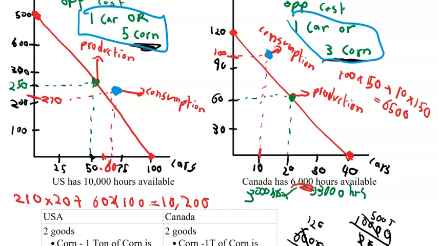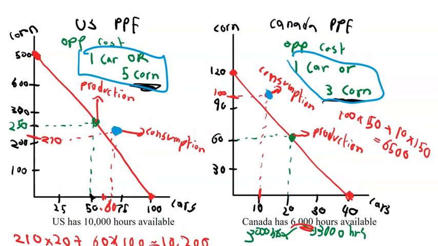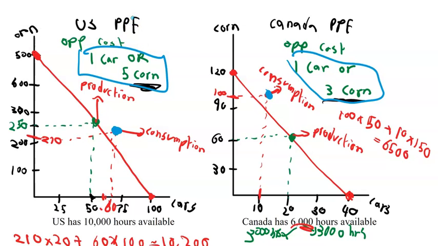So this is telling us that if we produce at a lower opportunity cost and then trade based on that, we are actually able to consume at a point that is outside of our production possibilities frontier. This gives us the ability to lead a higher standard of living.